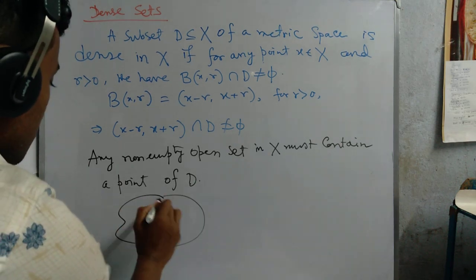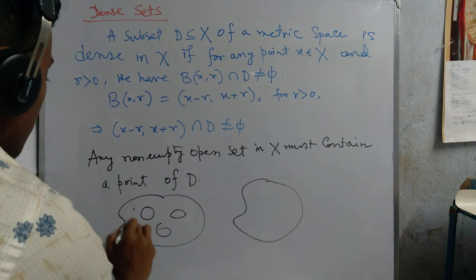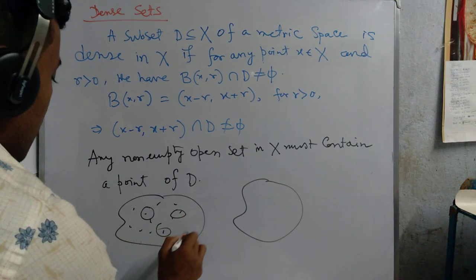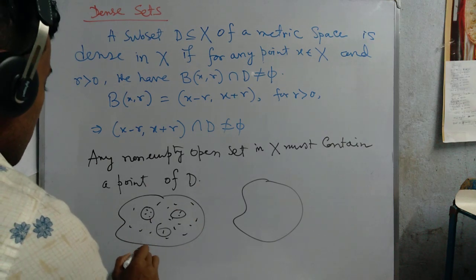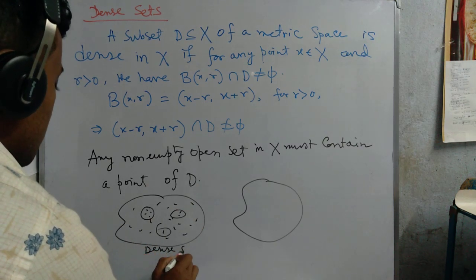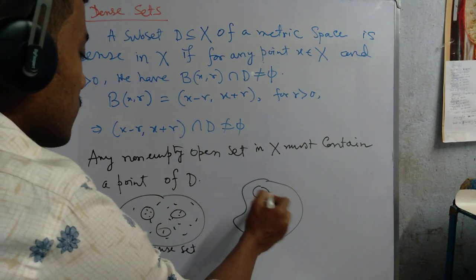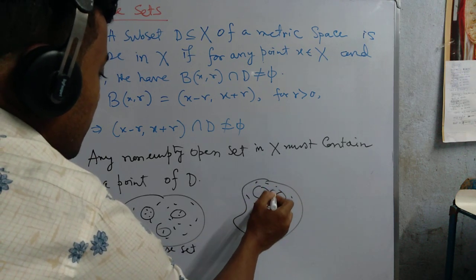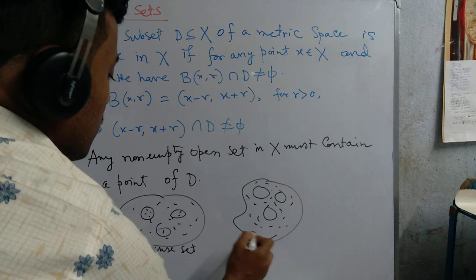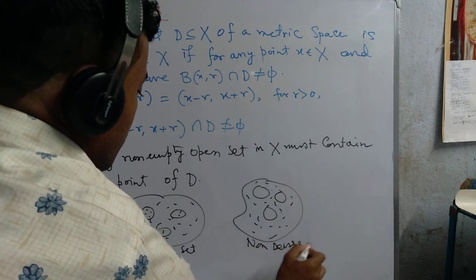Now we draw these two figures. Here is some neighborhood and some point. Obviously this neighborhood contains one point of this set, so this is a dense set. In the other figure, there is some neighborhood and some points in the set but not belonging to this neighborhood, so this is a non-dense set.